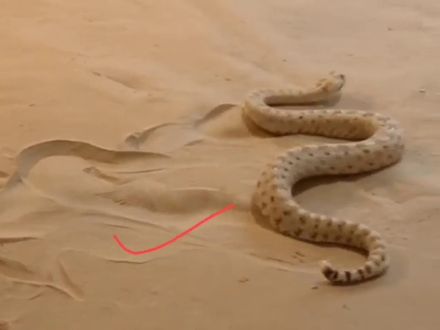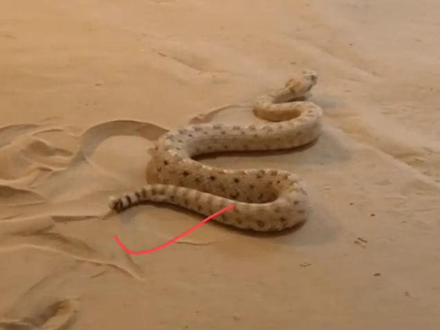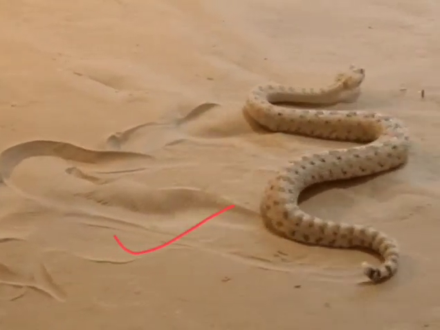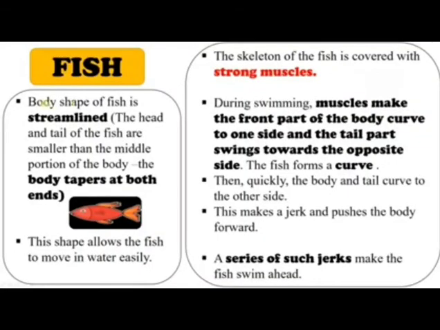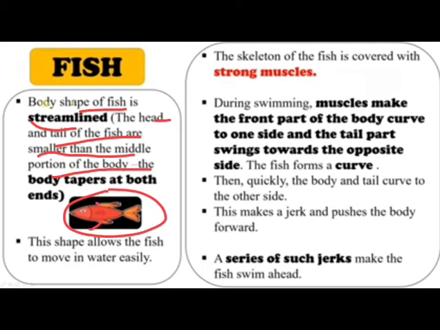Now next is the movement of fish. Body shape of fish is streamlined. The head and tail of the fish are smaller than the middle portion of the body. So you can see here also the forward and the backward part of the fish are smaller than the middle portion.